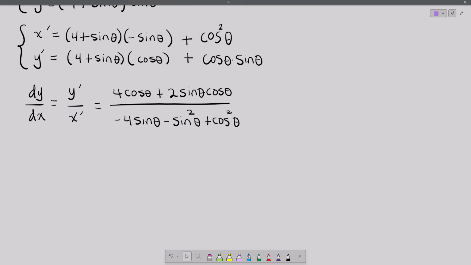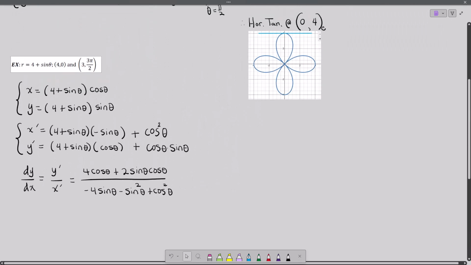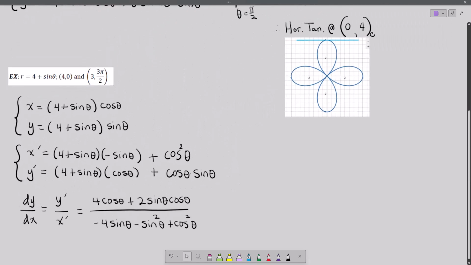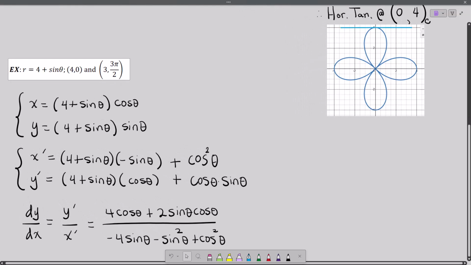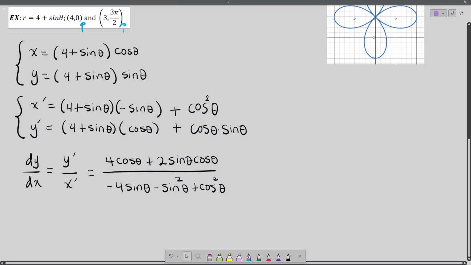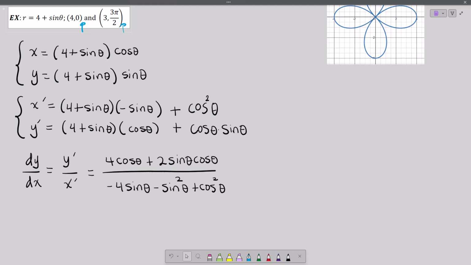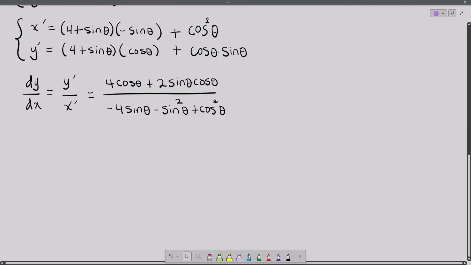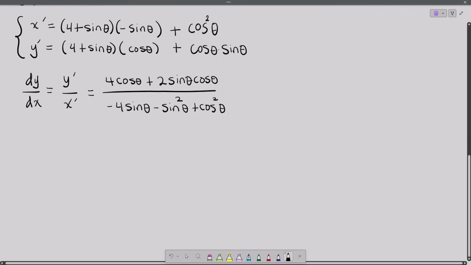And now we want to evaluate. This problem said find the slope of the tangent line at these 2 points. These points are in polar. So again, it'd be nice if they put the little p, but they don't. So 4, 0. So what is the theta value for this point up here, 4, 0? 0. Theta is 0. So we're going to find dy dx at theta equals 0.